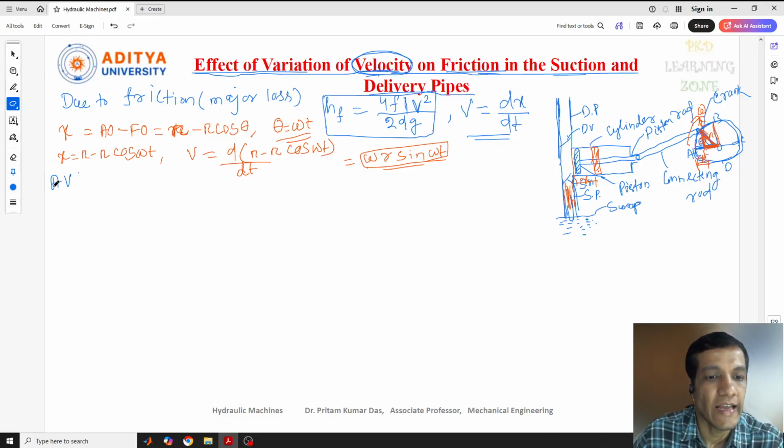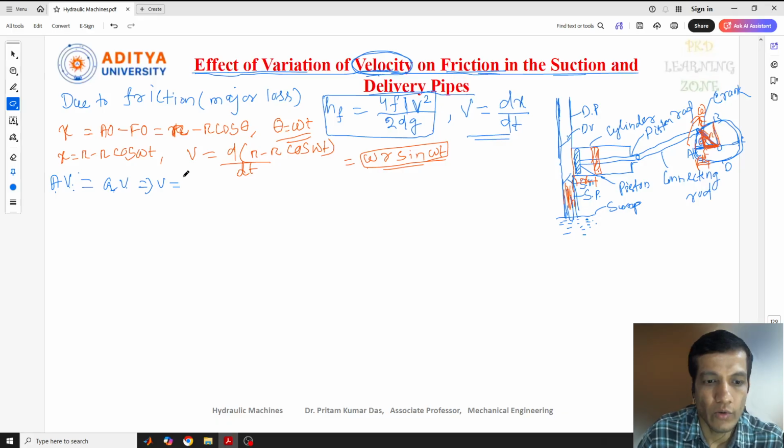Capital A is the area of the cylinder, and capital V is the velocity of water in the cylinder. Similarly, small v is the velocity of water in the pipe, and small a is the area of the pipe.